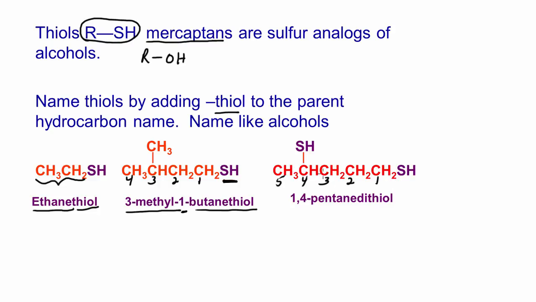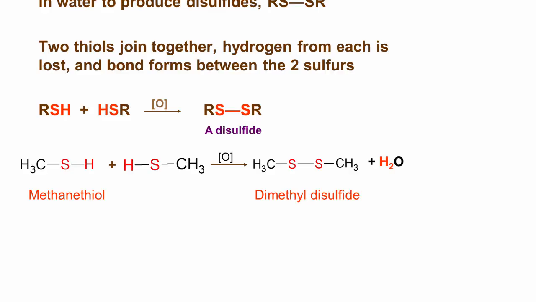And our longest continuous chain is a pentane. Now we use the prefix di because we have 2 thiol groups. So pentanedithiol, and these thiol groups are on carbon 1 and carbon 4. So 1,4-pentanedithiol. Make sure you practice naming these.